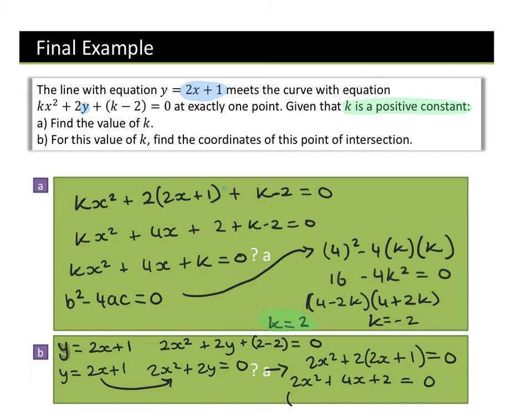That's going to give me x plus 1 squared. So this means that x equals minus 1. For x to equal minus 1, we can find out what y is by substituting in. y equals 2 lots of minus 1 plus 1, which is going to equal minus 1. So our point of intersection is x equals minus 1, y equals minus 1.